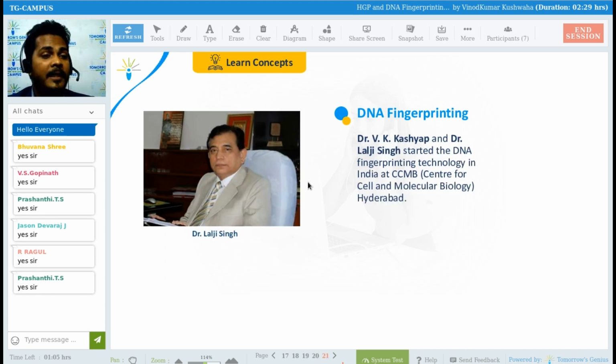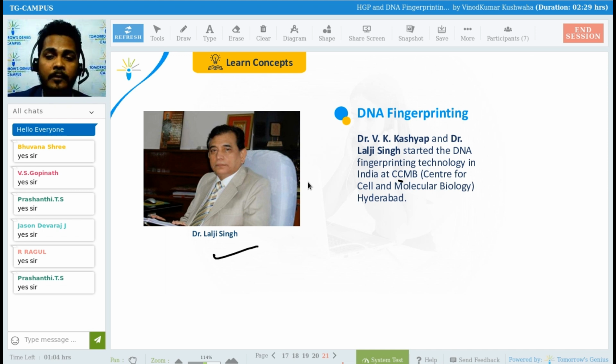Now in India especially, Dr. V. K. Kashyap and Dr. Lalji Singh started the DNA fingerprinting technology at CCMB. What is CCMB? It is the Center for Cell and Molecular Biology, which is in Hyderabad.